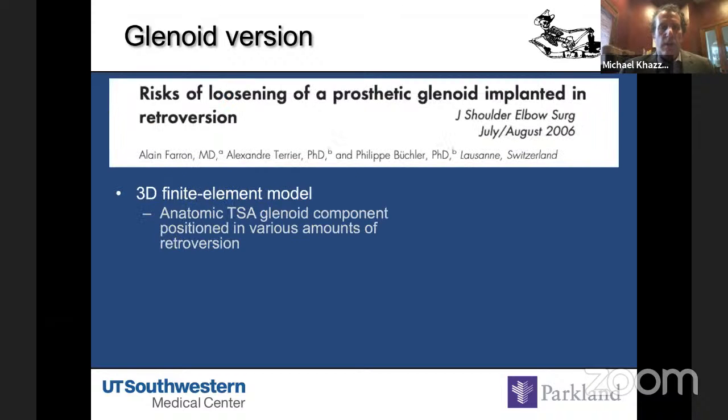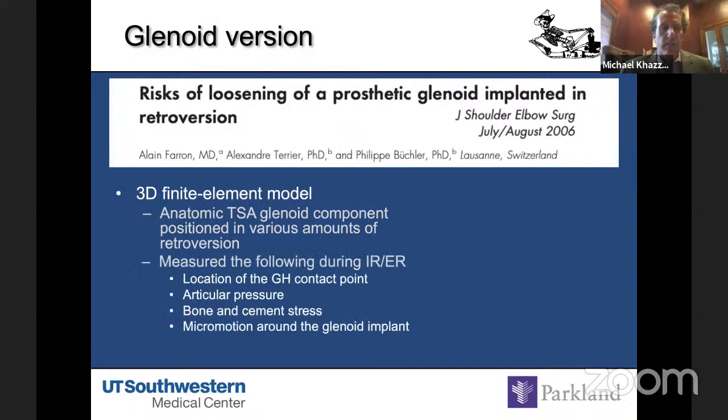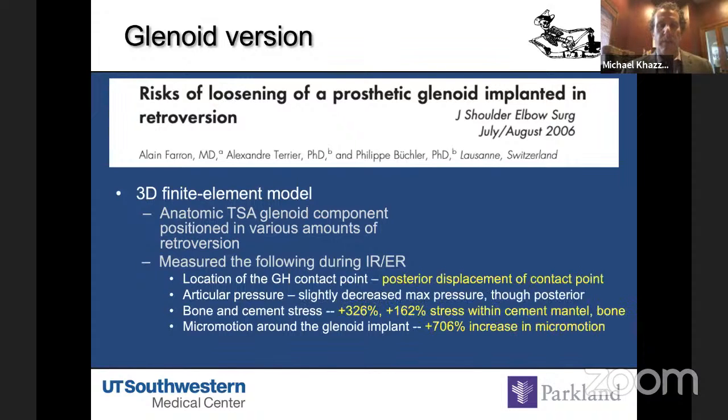So, as discussed, some studies have shown the risks of loosening of prosthetic glenoid implants with uncorrected glenoid version, mostly in the anatomic total shoulder arthroplasty setting. But studies have found that measurements taken with maintained retroversion and the arm taken through internal and external rotation edge loads the polyethylene component in an anatomic setting, which then leads to bone cement stresses, micromotion around the implants, implant loosening, bone loss, and implant failure.